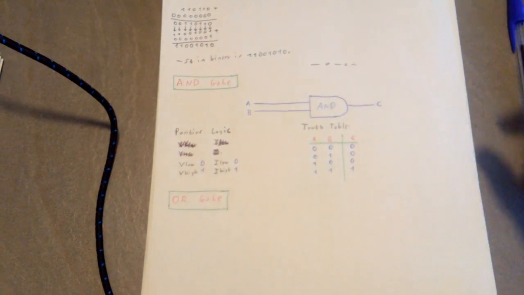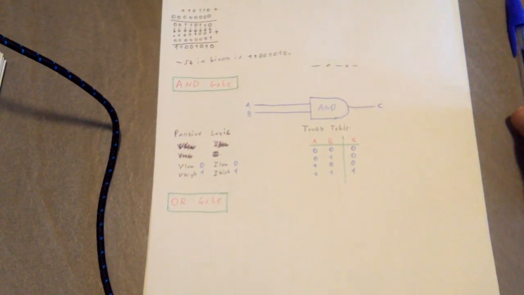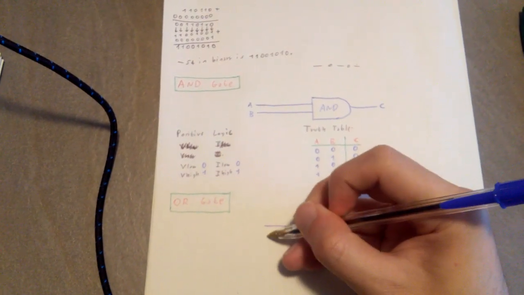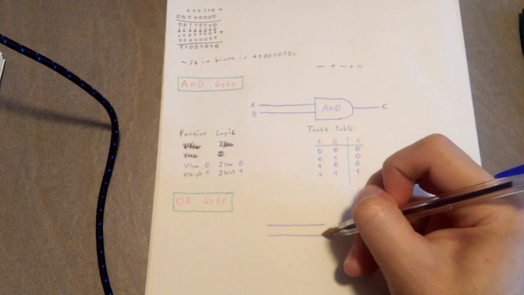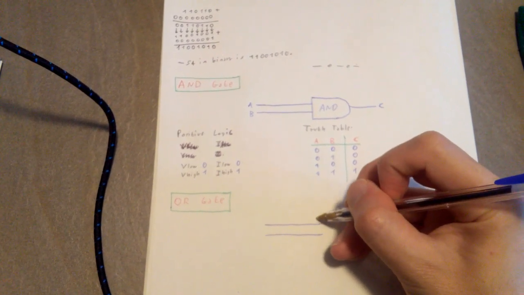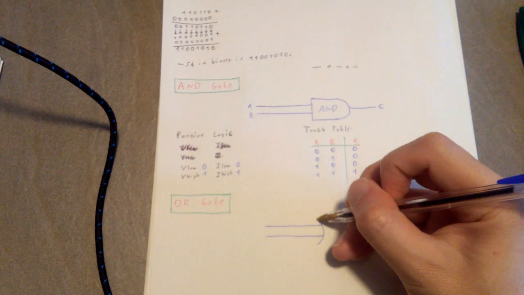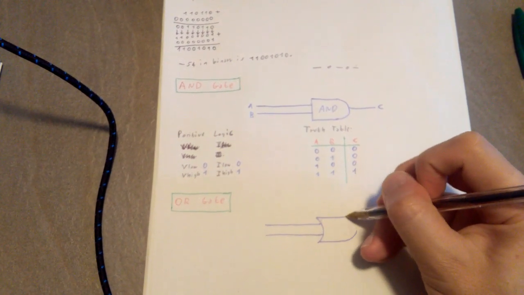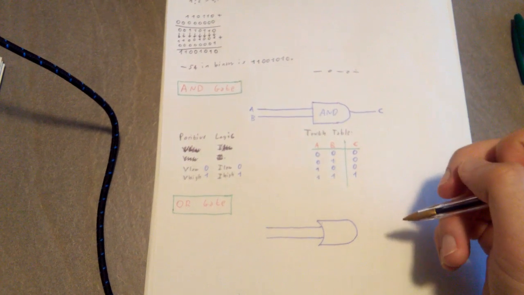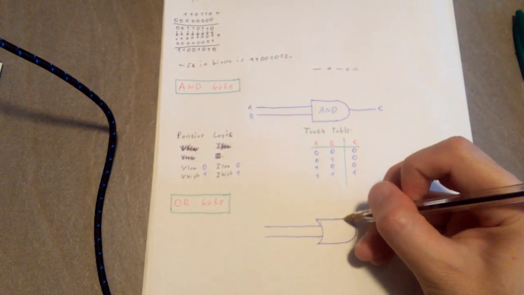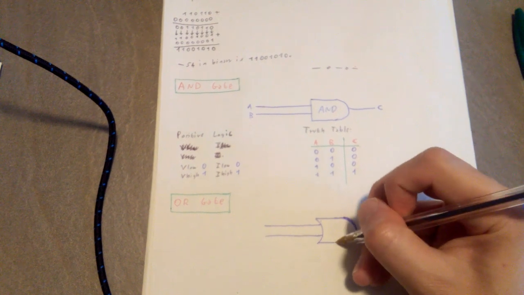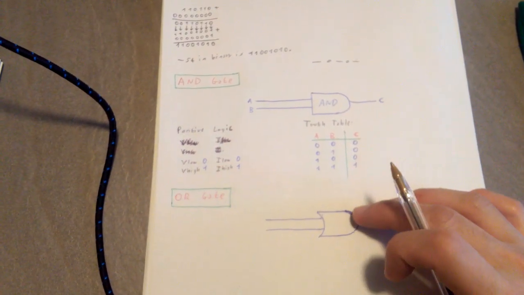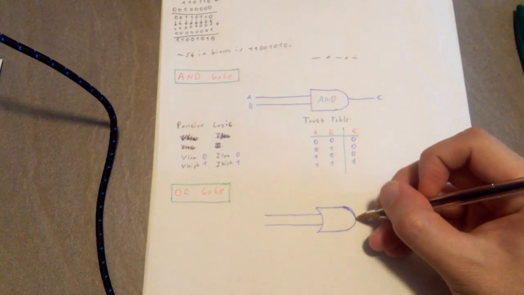What's an OR gate? Well, an OR gate looks like this. I'm bad at drawing those, but anyway.